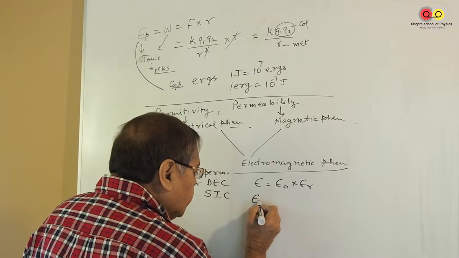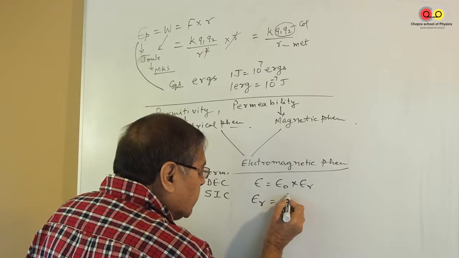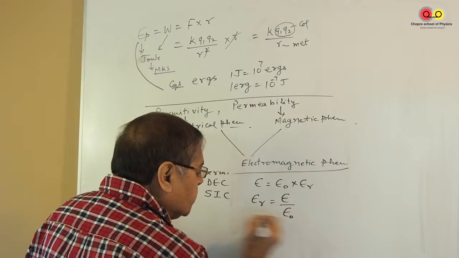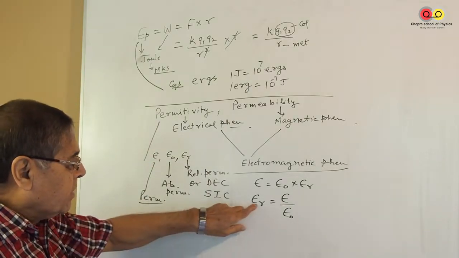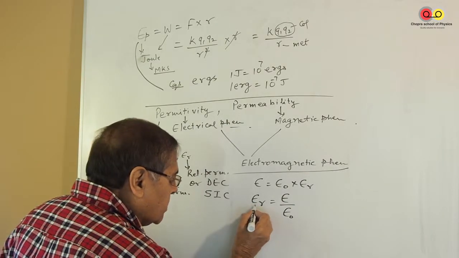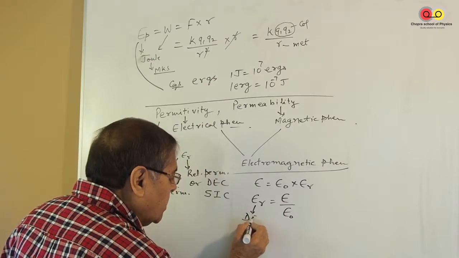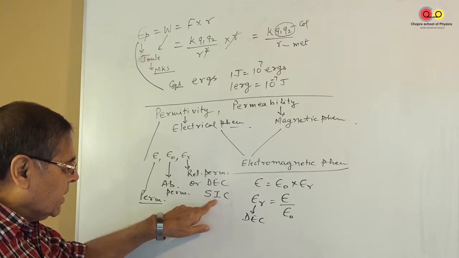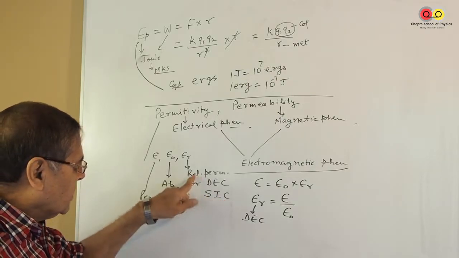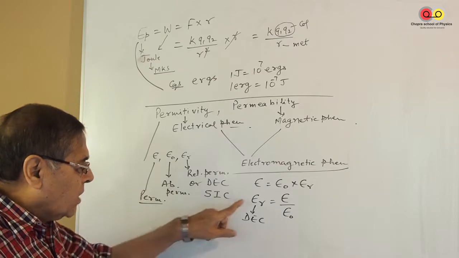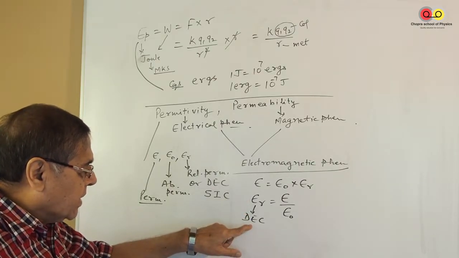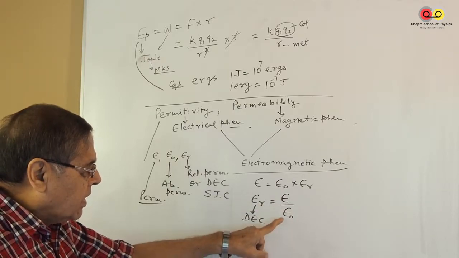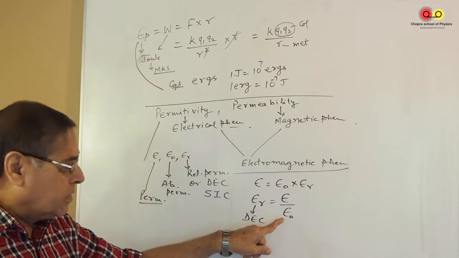And relative permittivity is the ratio of permittivity and absolute permittivity. So I have written dielectric constant here. What is the other name? Specific inductive capacity, or relative permittivity. So relative permittivity or dielectric constant is the ratio of permittivity and absolute permittivity.